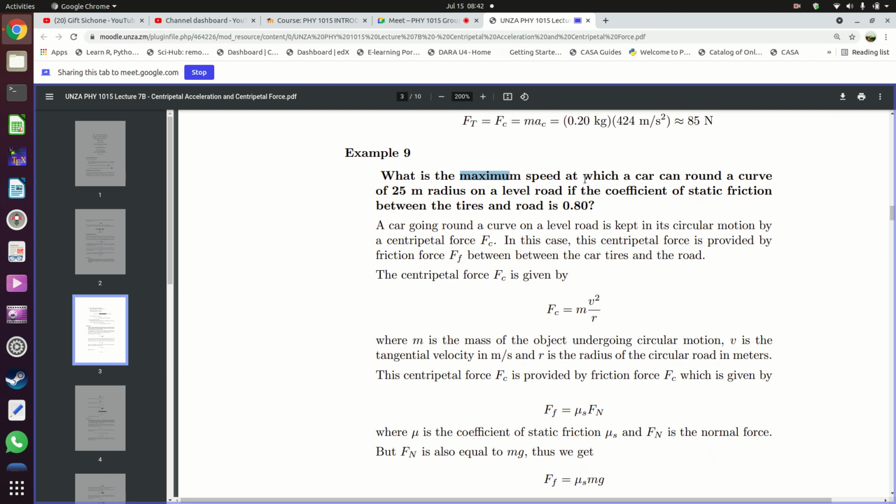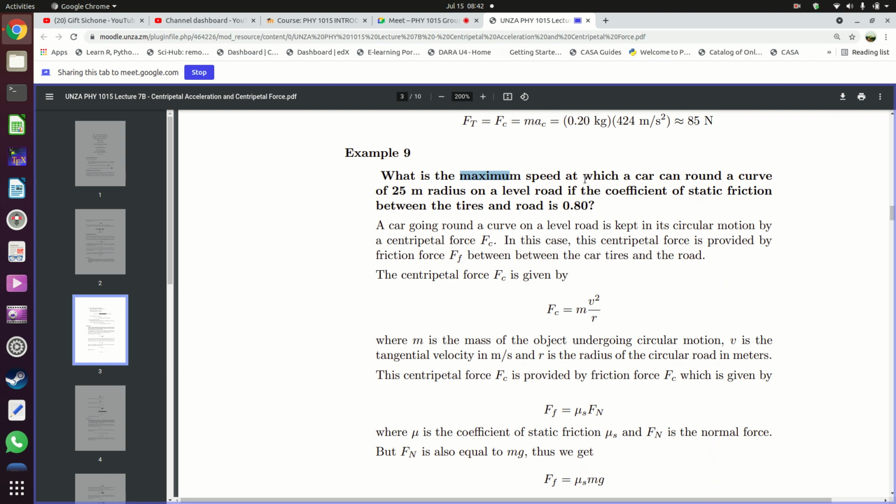Sometimes there is a curve. I think you have also heard of examples where people tell you, when you're driving on this road, there is this curve where people have accidents. The reason why people have accidents on a curve is because people don't understand that there is a maximum speed with which you can drive a car on a curve.